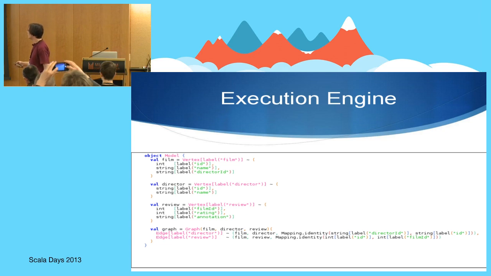So here we have the model I described before, basically film, director, review, with the graph defining the different edges. One interesting feature we get by using Shapeless is that if, for example, you remove this, the compilation will fail.